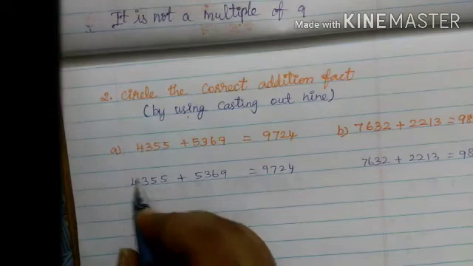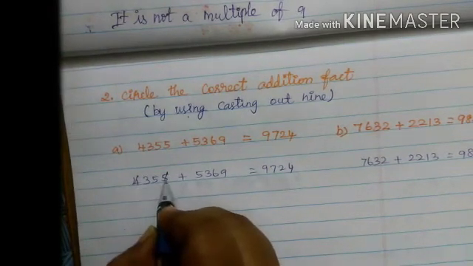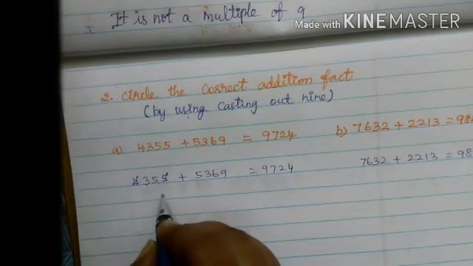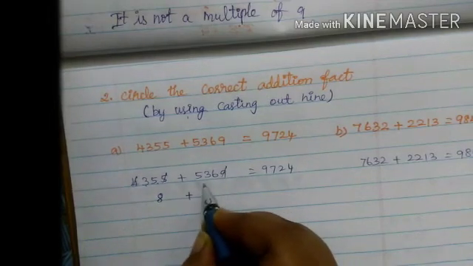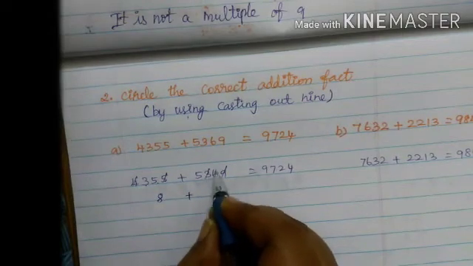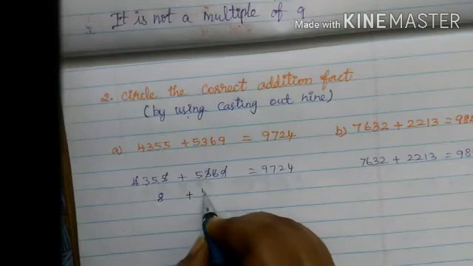Add the numbers from first to last. 4 plus 5, 9, so leave it. Then 3 plus 5, 8. Then next one, 9 is coming, leave it. Then 5. 6 plus 3 is also 9, so you write 5 only.